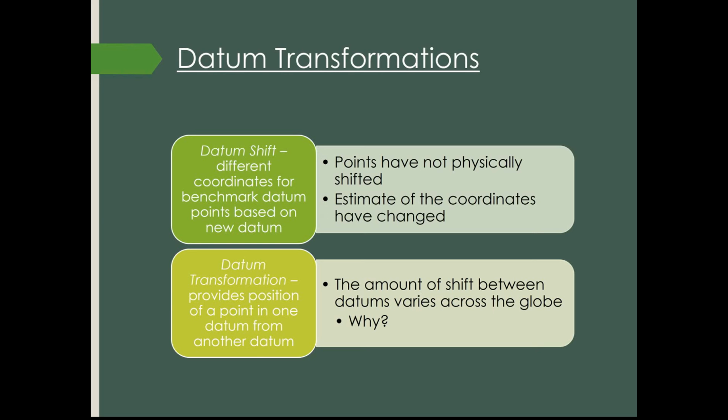The points have not physically shifted, like we said before, but the estimates of the coordinates have changed based on new measurements or better systems. The amount of shift between datums varies across the globe. If you're wondering why, it typically is because we're using different ellipsoids.